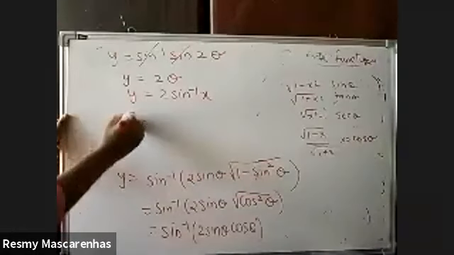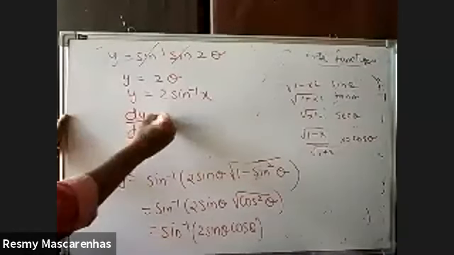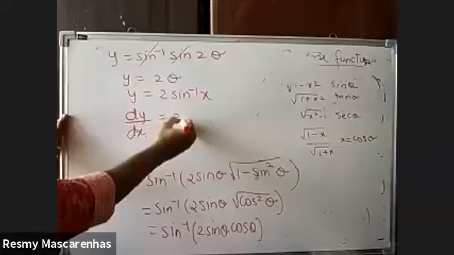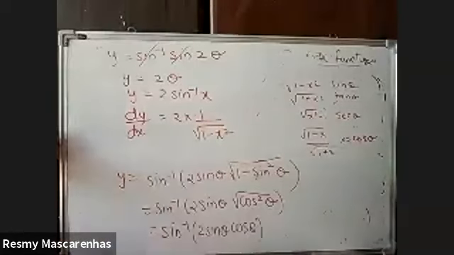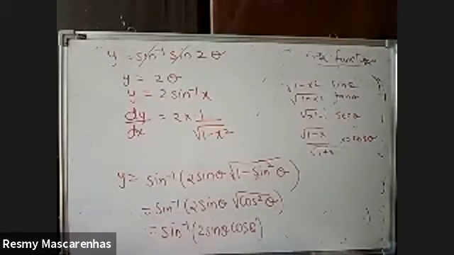So dy by dx will be 2 times the derivative of sine inverse x, which is 1 upon root of 1 minus x square. So the answer is 2 upon root of 1 minus x square.